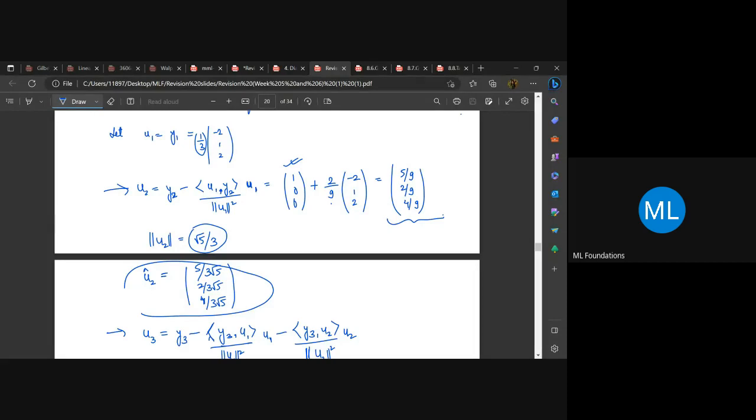No, let's say I'm not normalizing it here. Let's say I did not normalize. I just have whatever y1 I had. Then, using that y1, I find my u2, and using that u1 and u2 I find my u3, and then at the end I normalize. That is also okay.